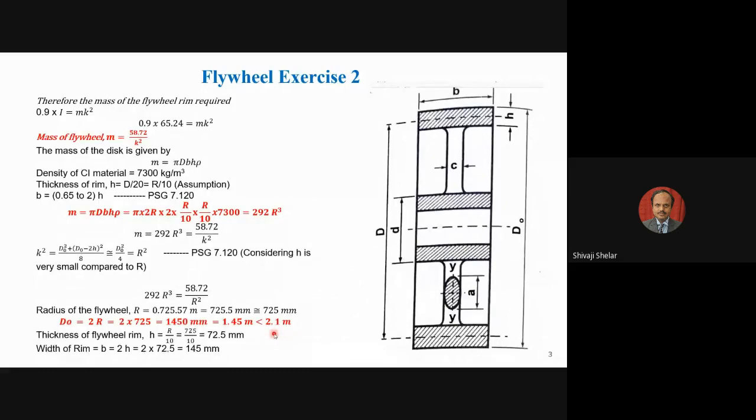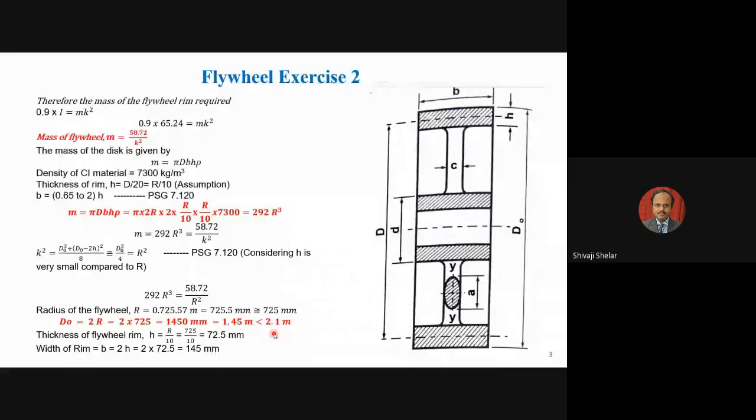If your radius is increasing, your velocity will increase, and your centrifugal force is directly proportional to v square. So if there is a 25% increase, then your force will increase by 2.25 times. Considering that fact, you need to maintain your diameter as minimum as possible.